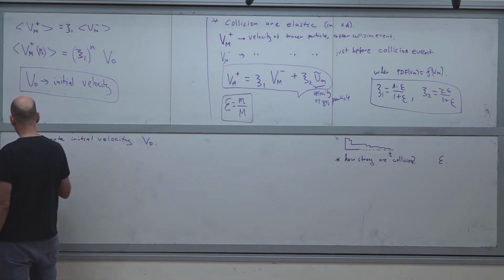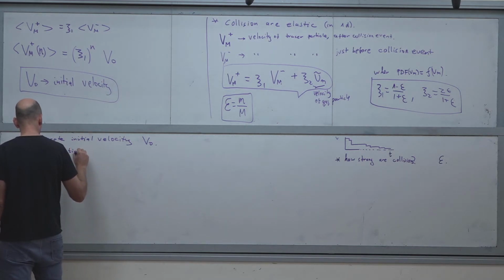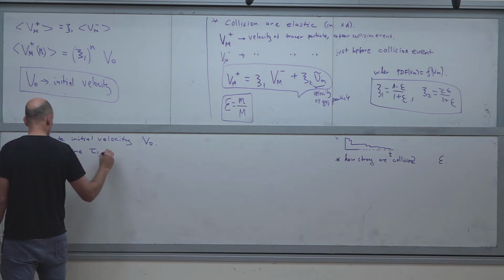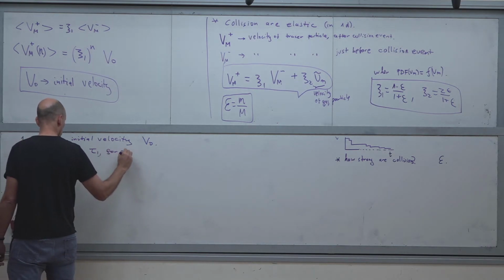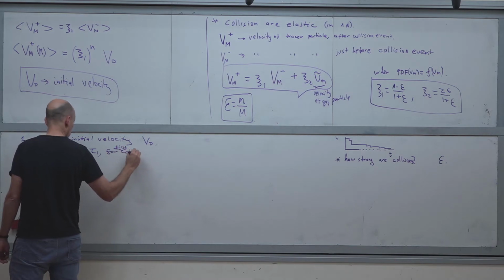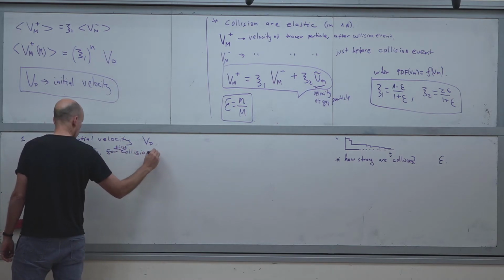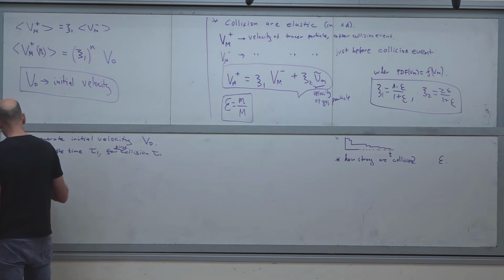Step 2, find the time tau 1 for the first collision. Let's call it tau 1. What is the PDF of tau 1, or the PDF of tau in general?